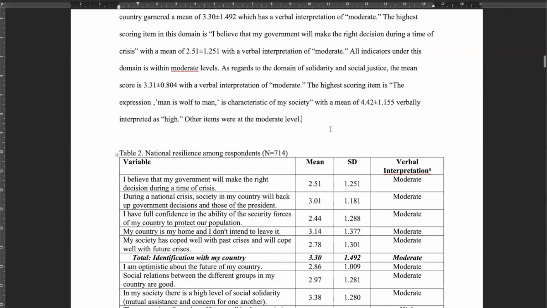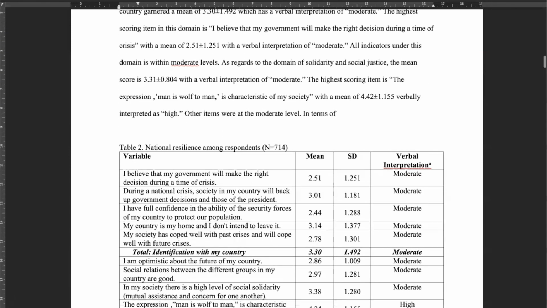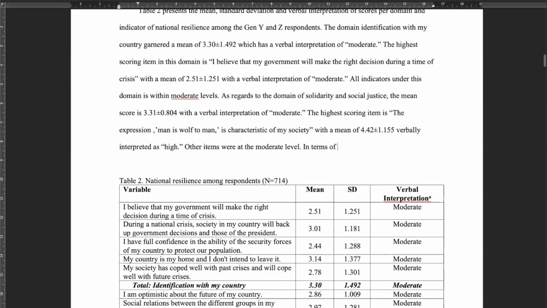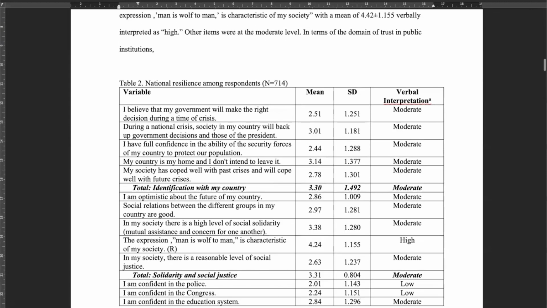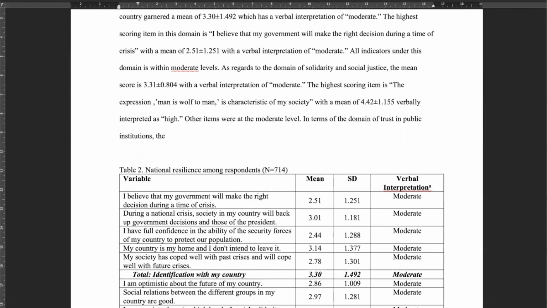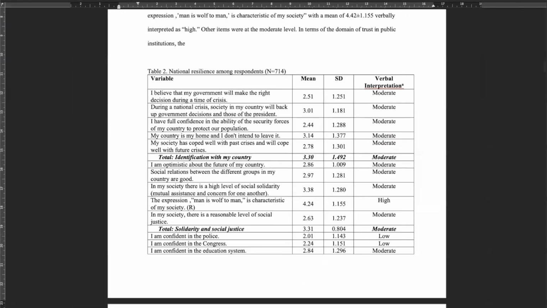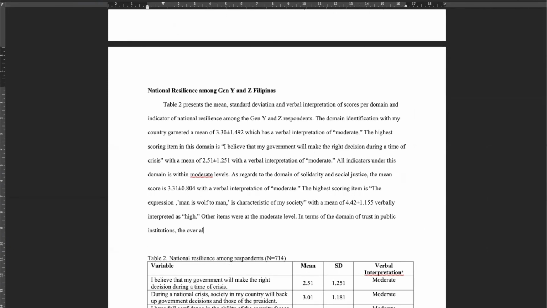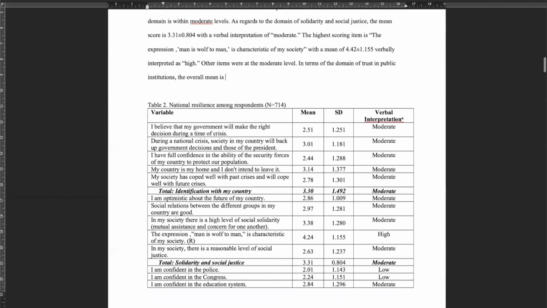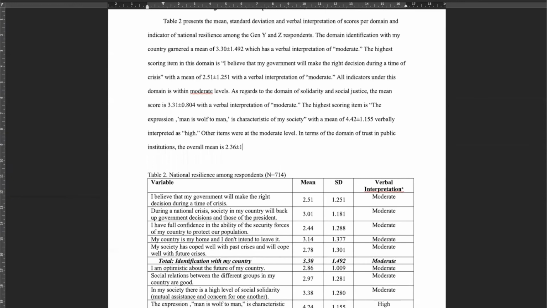And then, in terms of, what's the last one? Trust in public institutions. In terms of the domain of trust in public institutions, the overall mean is 2.36, 2.36 plus minus 1.014.